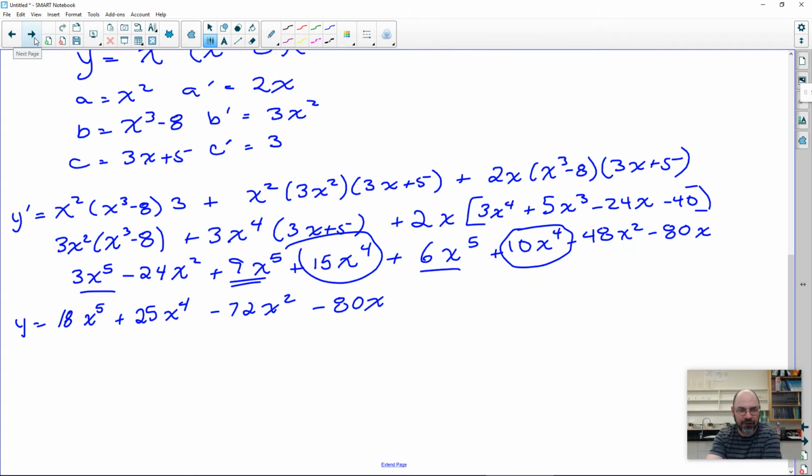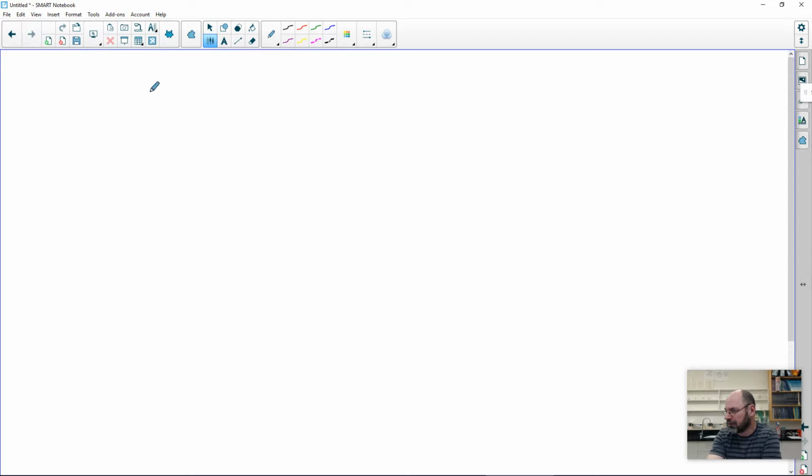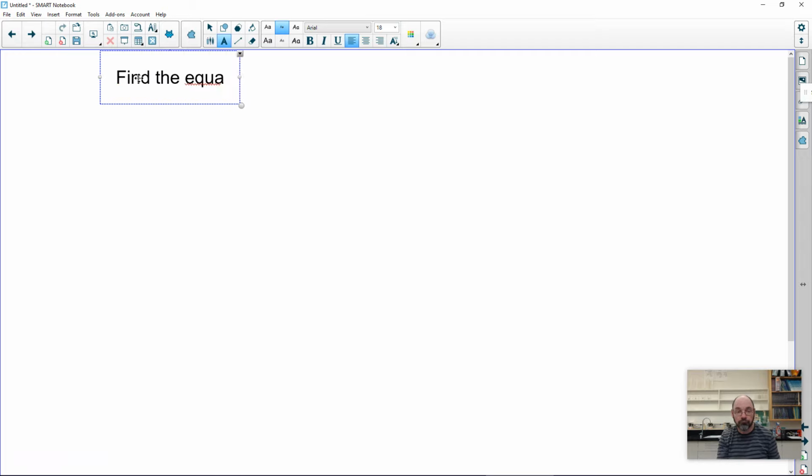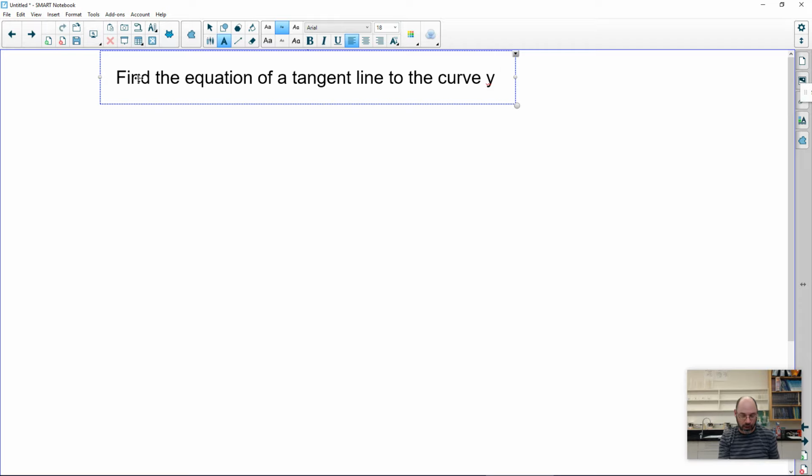Okay, and the last type of example I'm going to do is one of those where you have to do finding a tangent line at a curve. So then you're using the derivative. So let's say find the equation of a tangent line to the curve, and we'll put it in product form so that we use the product rule.